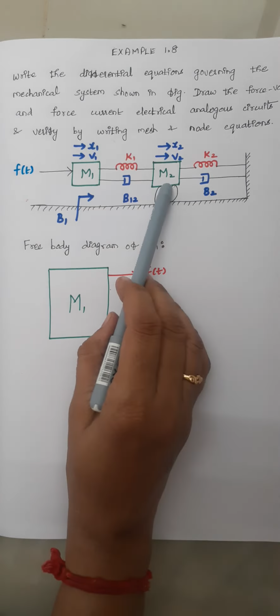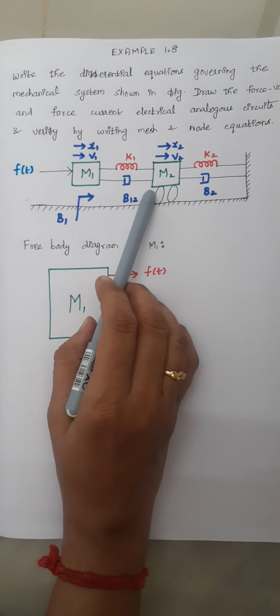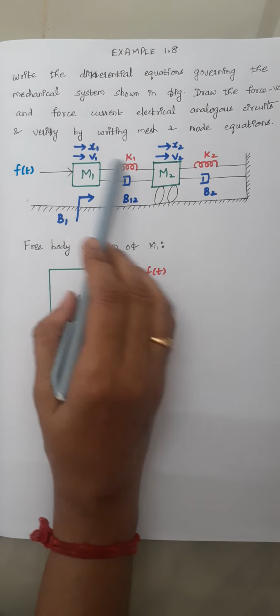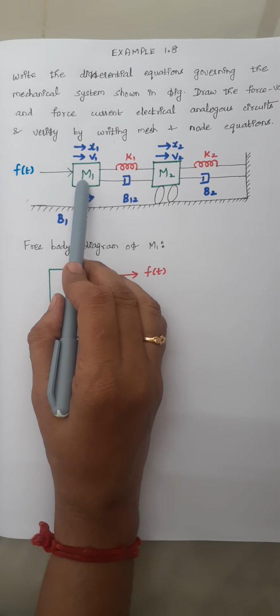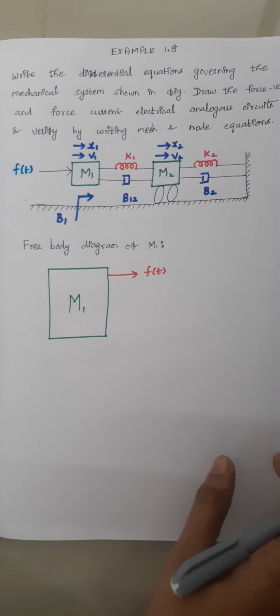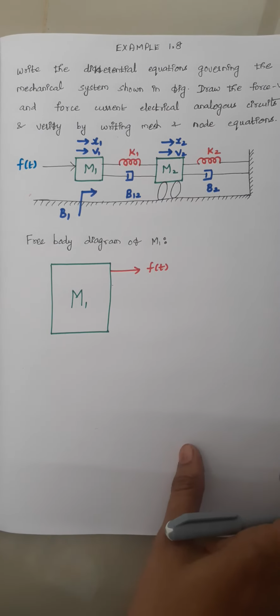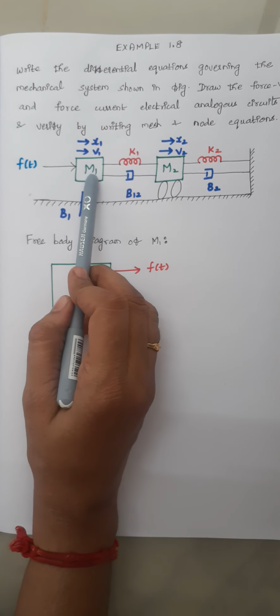This is the given mechanical system, and it consists of two masses, M1 and M2. The first step is to draw the free body diagram of mass M1 and mass M2. To draw the free body diagram, just count the number of elements connected to mass M1.